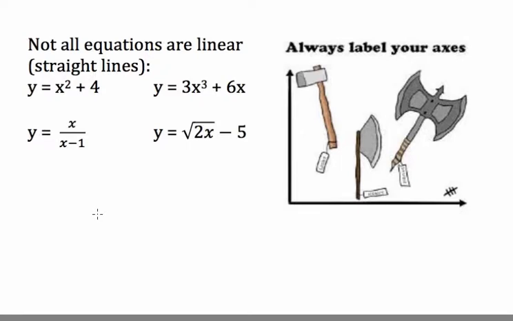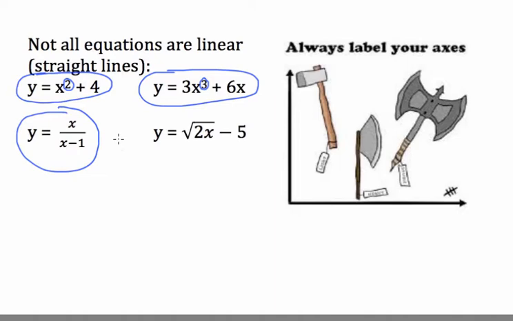Not all equations in mathematics are linear, straight lines. In beginning algebra, we focus primarily on straight line, linear equations and graphs. If you go on to higher algebra or college algebra, you'll deal with some of these types of equations. This is a quadratic equation because of the x squared. This is a cubic equation or a polynomial because of that exponent.